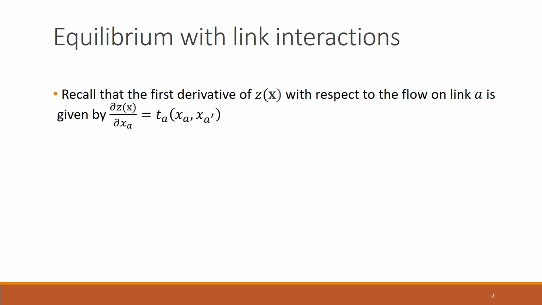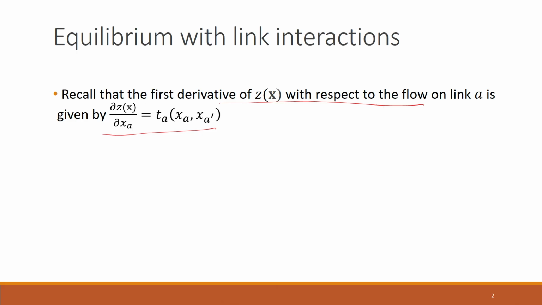So, let us start to prove that this objective function is strictly convex everywhere. For that we need to show that the Hessian matrix of this objective function is positive definite everywhere. Okay. Now, recall that the first derivative of this objective function z(x) with respect to the flow on link A is given by the travel time on this link.